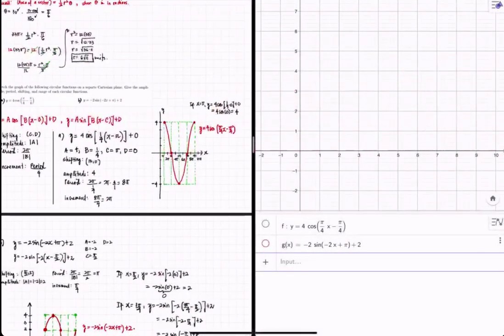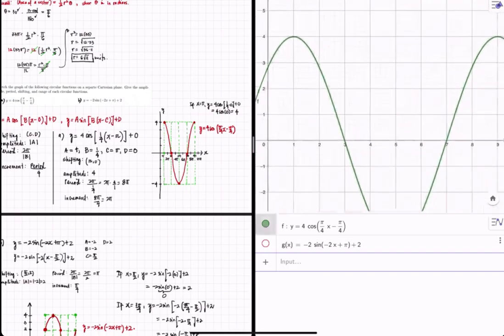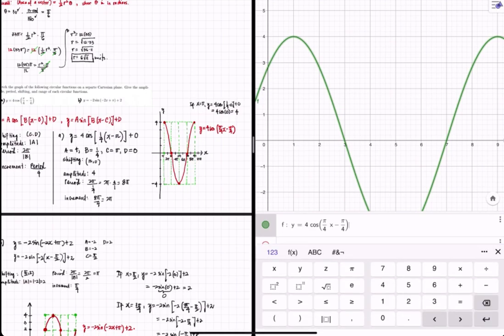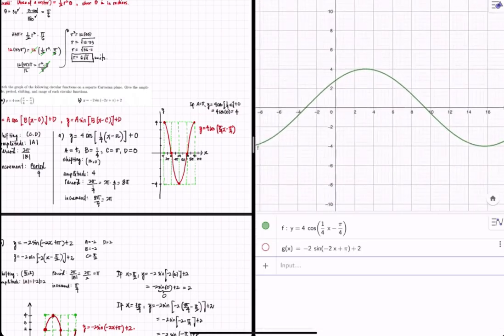Tama ba yun? 4 cosine pi over 4x minus pi over 4. Mali ako ng type. Kaya pala. Sabi ko parang may something na mali. Ulit. Ayan.